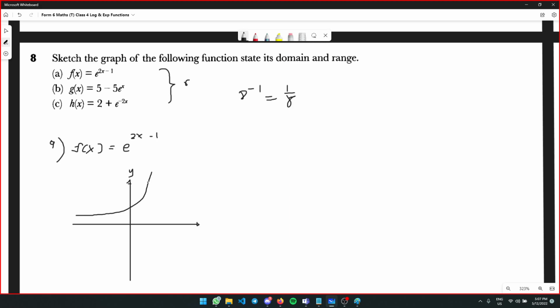Here's the y axis, just y equals e^x. At this point where x equals 0, it will be 1.